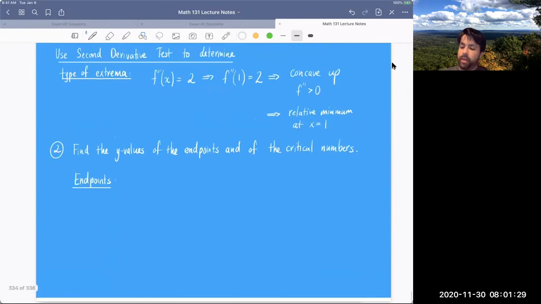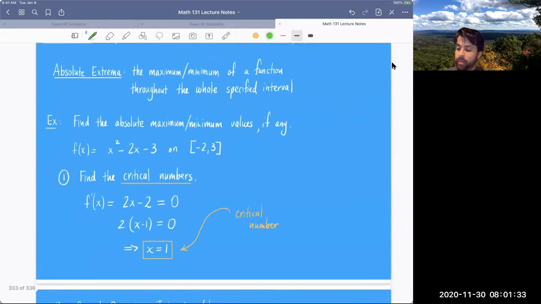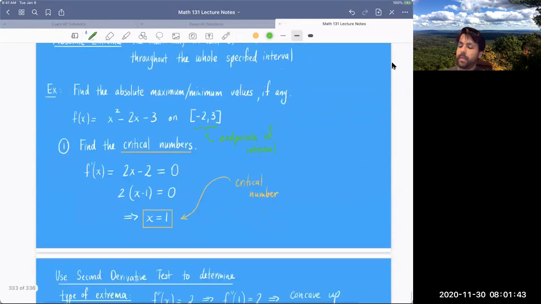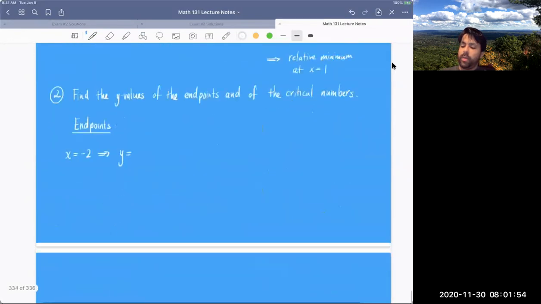What's my first endpoint? My first endpoint here is -2. So let me just say these are my endpoints of the interval. So when x equals -2, how do you get the y value? Well, you have to plug it in. x squared minus 2x minus 3, right?